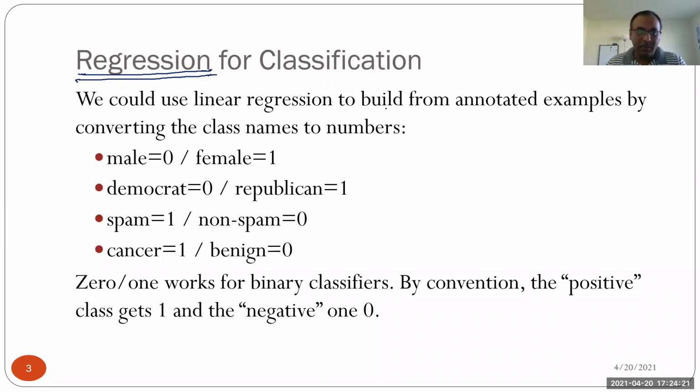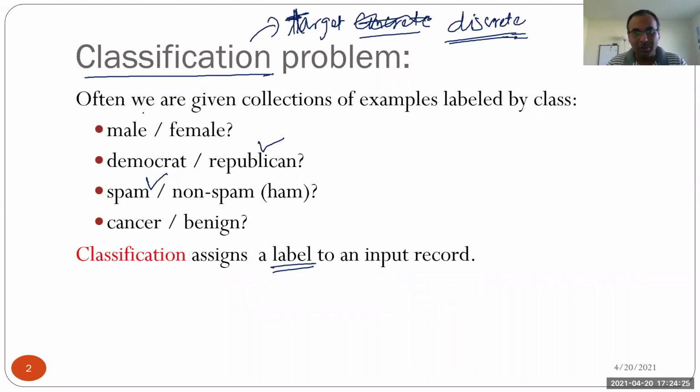The straightforward solution is somehow to change the target, because there are only two classes involved: male, female, Democrat, Republican, spam, non-spam, cancer, benign. One straightforward approach would be to label one class as 1 and the other as 0. That's what we actually do for binary classification.